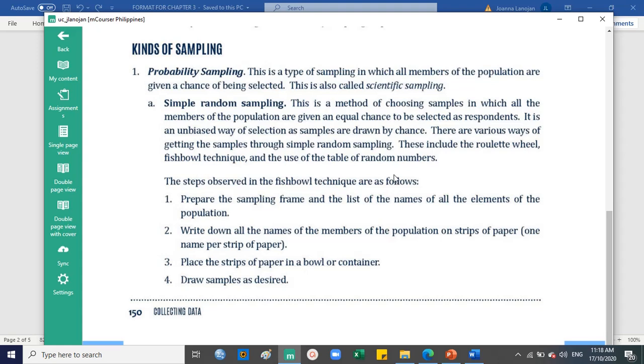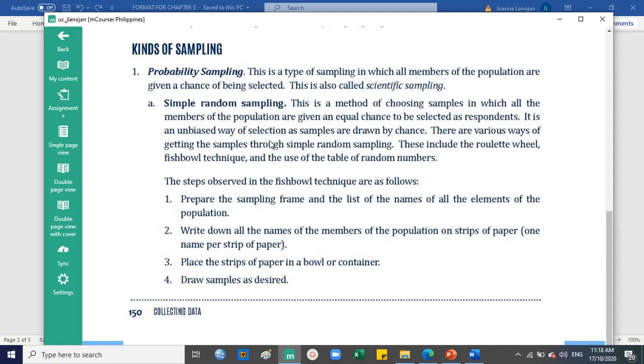For example, let's say your population is Grade 12 STEM students in the afternoon session. How many are the students in the afternoon session of STEM? Then you select a sample from that population.